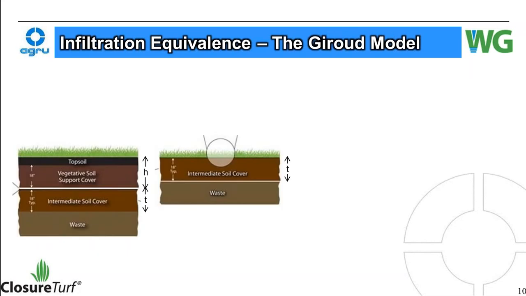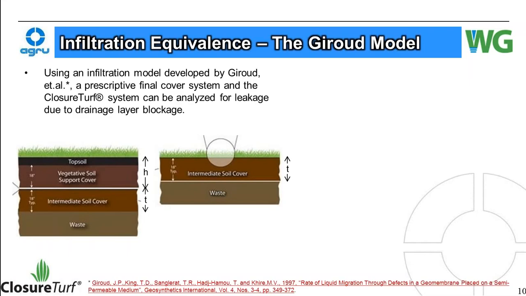So as an alternative, we have something that I'm calling the Giroux model. This is an infiltration model that was developed by J.P. Giroux, T.D. King, T.R. Sanglerat. I know I butchered his name. I'm not even going to try that name. And then M.B. Curie.